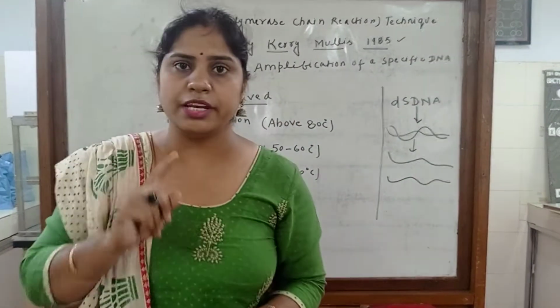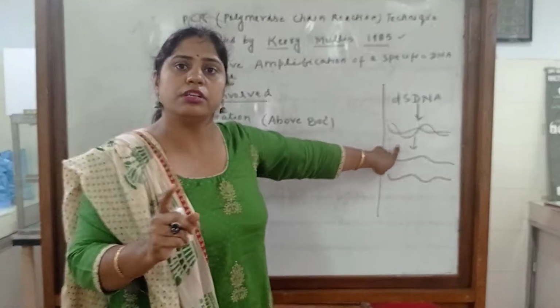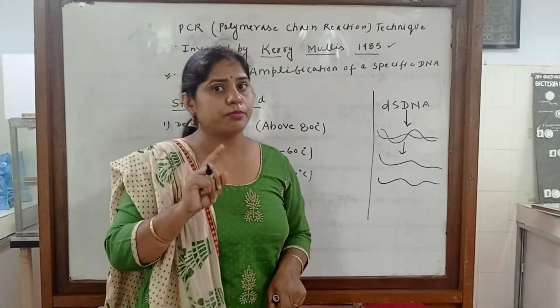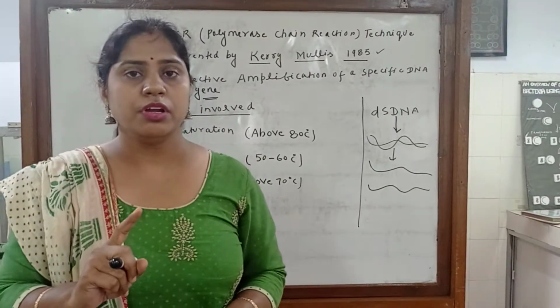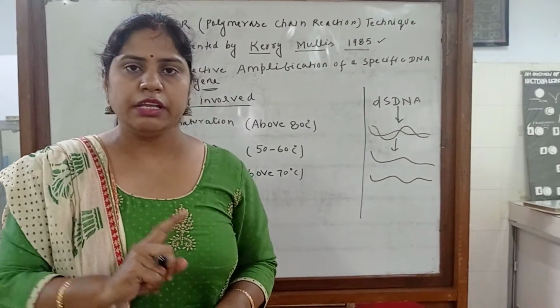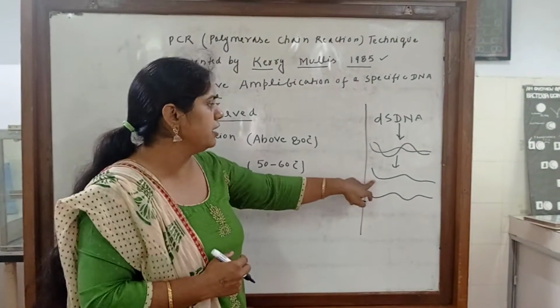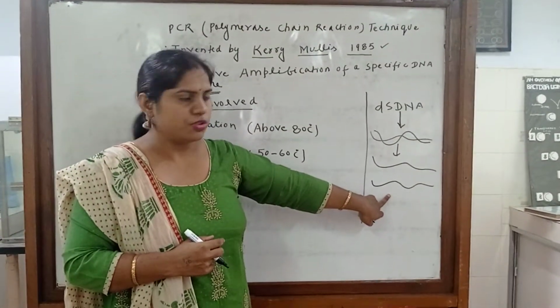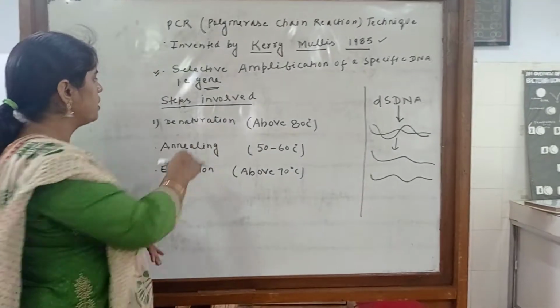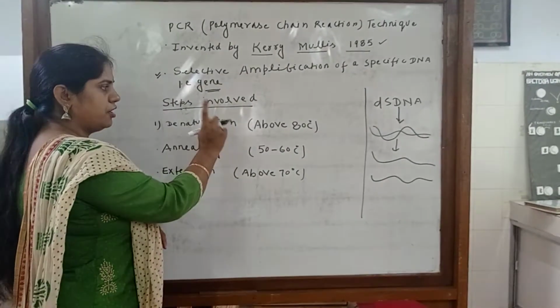We can correlate this method with the in vivo condition inside our body. It's the helicase enzyme during DNA replication that separates the strands, converting the double-stranded DNA into single strands. So here there is a denaturation process in the in vitro condition.